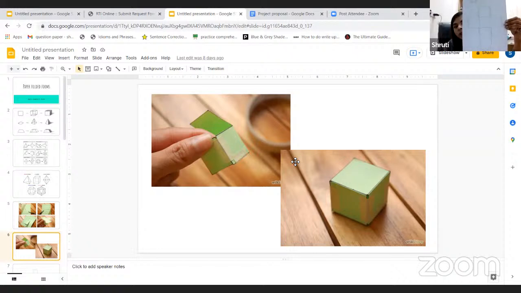Whenever you're done, just show it on your screen, and then we'll proceed to the next step, which is cutting the skew.